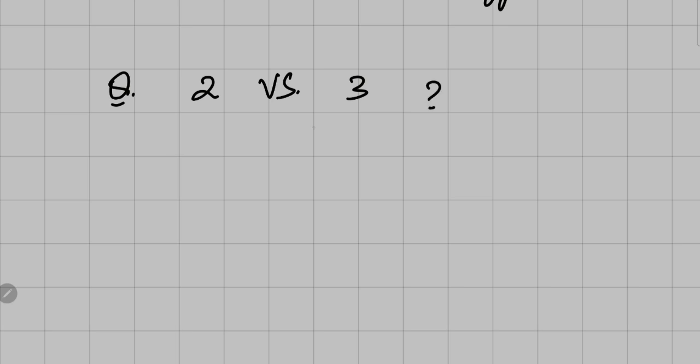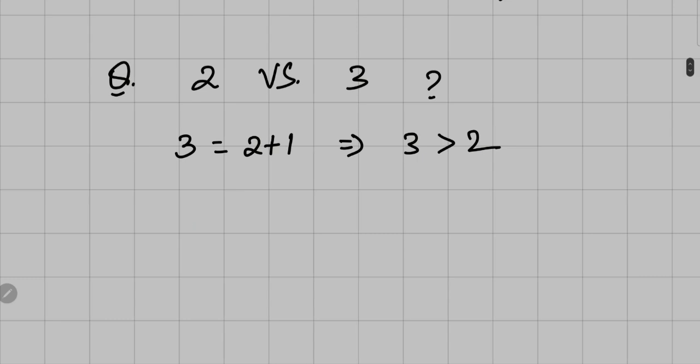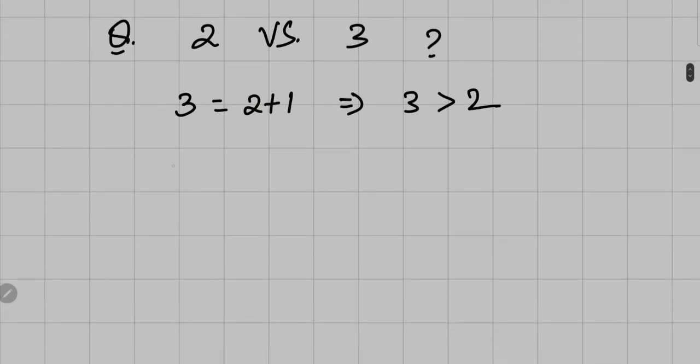Here 3 is a successor of 2, that is, 3 can be written as 2 plus 1. This implies that 3 is bigger than 2. We can also identify it by division.